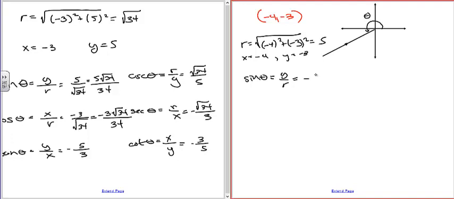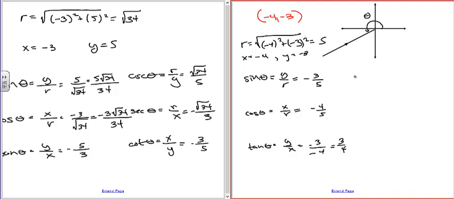So here we get -3/5. The cosine of theta is x divided by r. x is -4, so you get -4/5. You have the tangent of theta, that's y divided by x. So that's -3 divided by -4, which is 3/4.